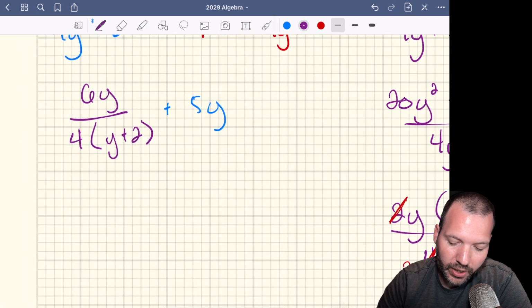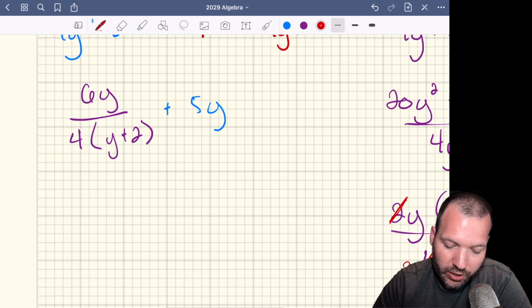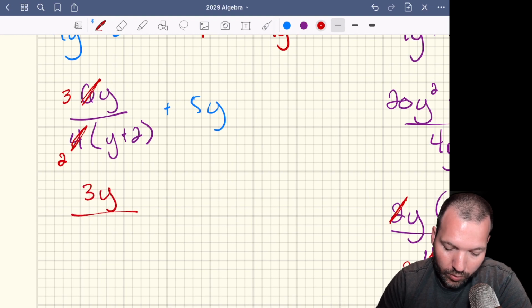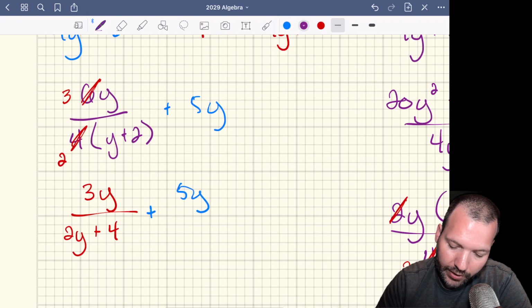Now I say, going back here, there was a reason we could have done this. You might have noticed right from the beginning that wasn't really in simplest form. So it was 3y over, if we multiply it back out, 2y plus 4 plus the 5y.